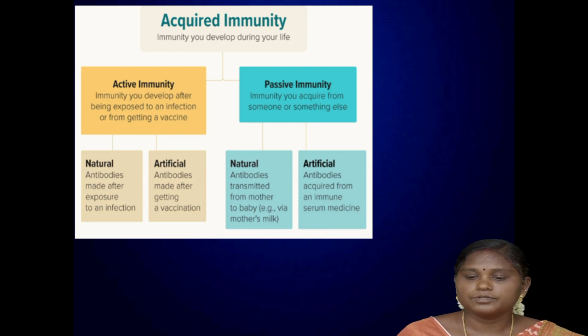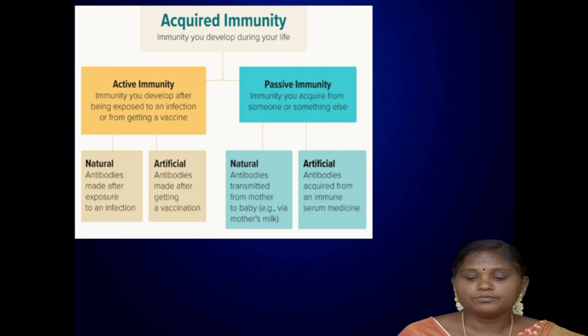Then passive immunity is the immunity you acquire from someone or something else, for example a blood transfusion. It is the transfer of immunity from one person to another. It is again classified into natural and artificial.